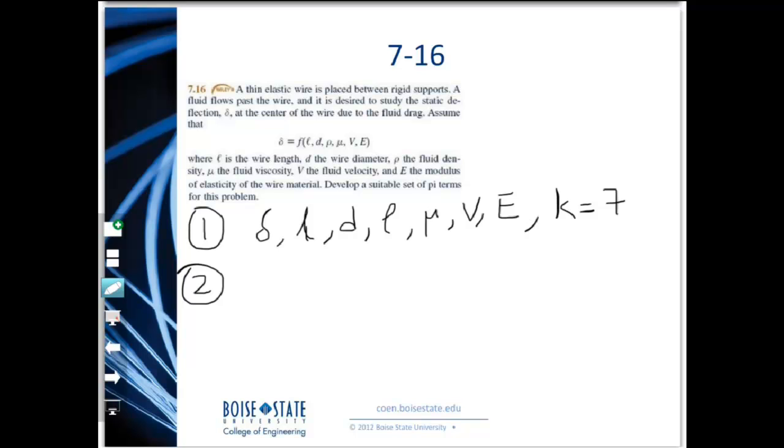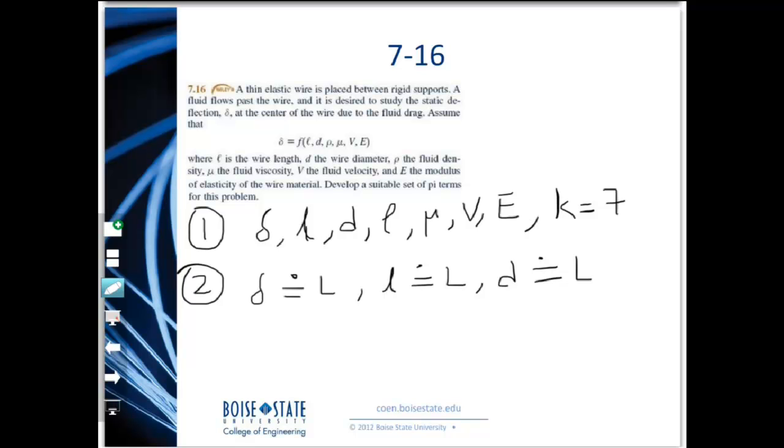So if delta is the deflection, so it should have a length scale. So delta would be length, and L, we know it's a length scale, and D is again a length scale.